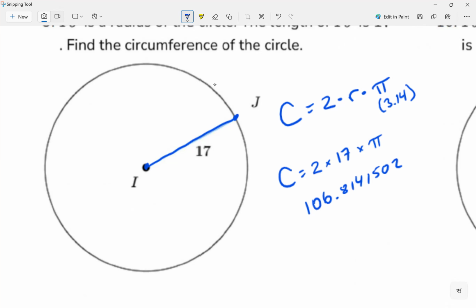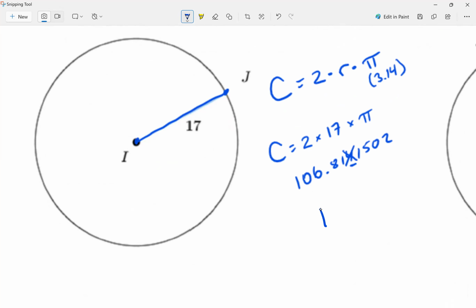Okay. So let me take a look at my third decimal place, which in this case is a 4. 4 or less is small, so I'm going to ignore that number. My answer happens to be 106.81. Again, if it is not specified, round it to two decimal places.